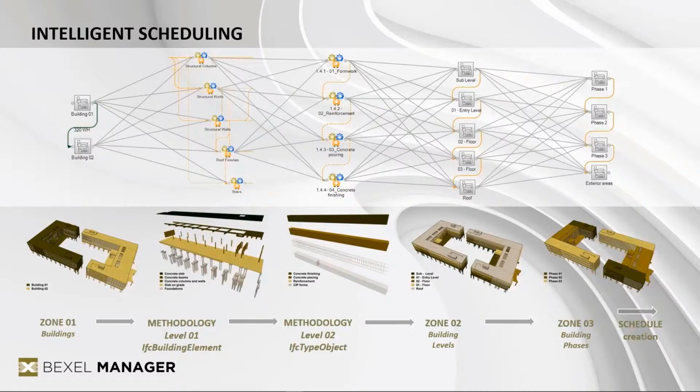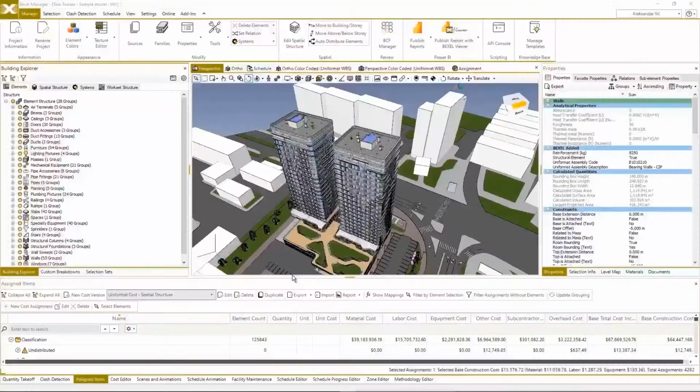So let's go to the process itself. After successful integration of cost information into the BIM model, the next step is to integrate the time dimension, or to develop a schedule. In today's session, we will go through the process of intelligent scheduling creation.